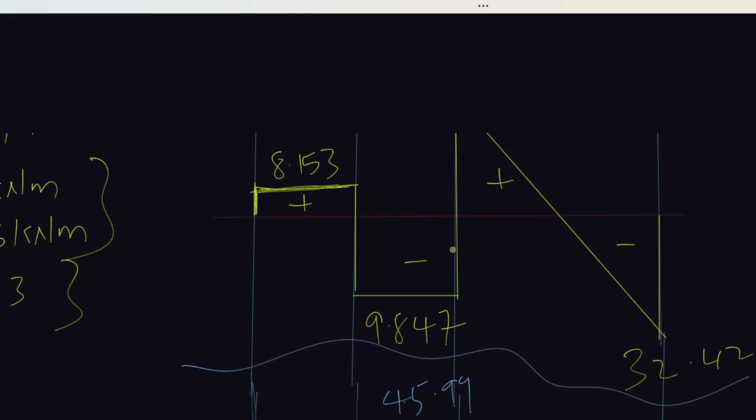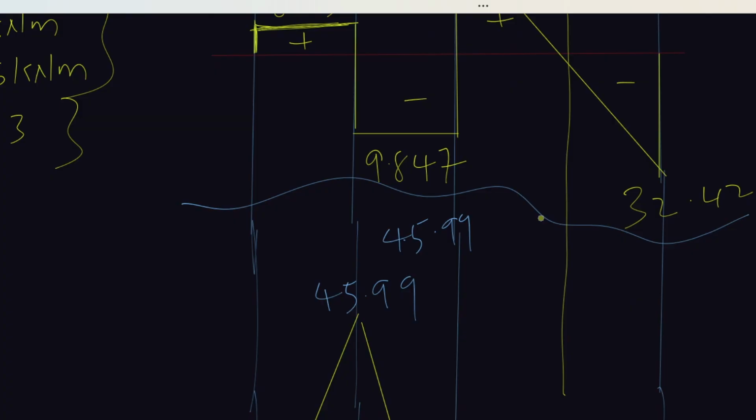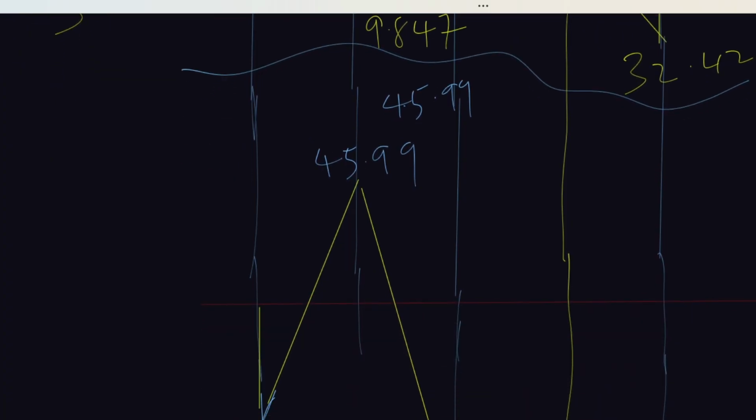Okay, let's extend this line, because remember, when shear force is 0, that's the position where we'll be having maximum bending moment. So bringing it down, maximum bending moment.